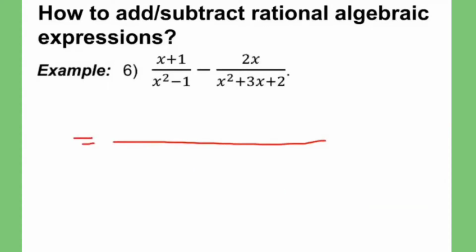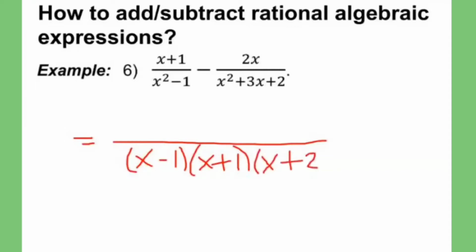We copy our LCD, x minus 1 times x plus 1 times x plus 2. We now divide our LCD by our previous denominators. So first, our LCD x minus 1 times x plus 1 times x plus 2 divided by x squared minus 1, yung matitira na lang ay x plus 2.